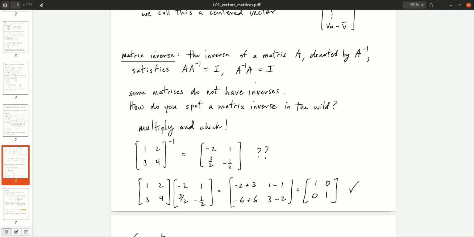The 2, 1 entry is 3 times minus 2, which is minus 6, plus 4 times 3 halves, which is 6, so you get 0. The 2, 2 entry is 3 times 1 plus 4 times minus a half, so 3 minus 2 is 1. So what we got is 1, 0, 0, 1, which is the 2 by 2 identity matrix. Therefore, according to this definition, this matrix is the inverse of that matrix.